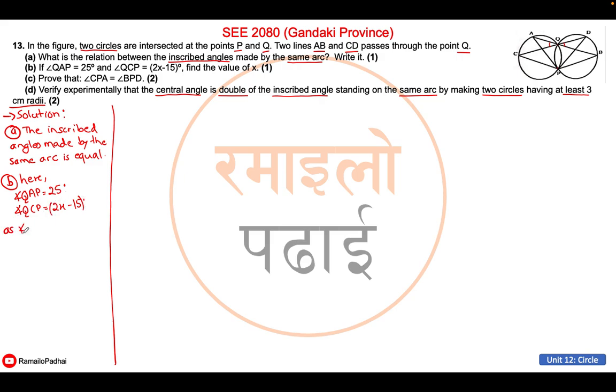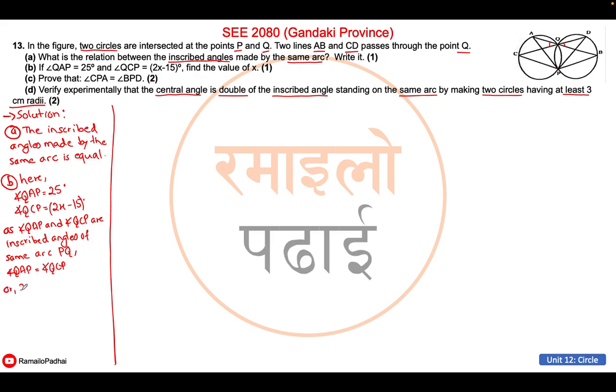As angle QAP and angle QCP are inscribed angles of the same arc PQ, angle QAP is equal to angle QCP.